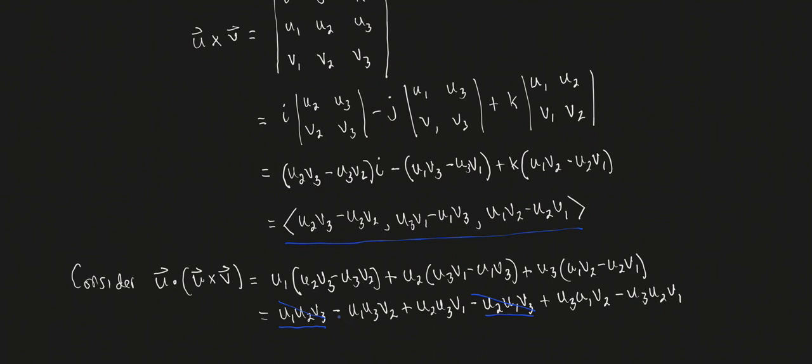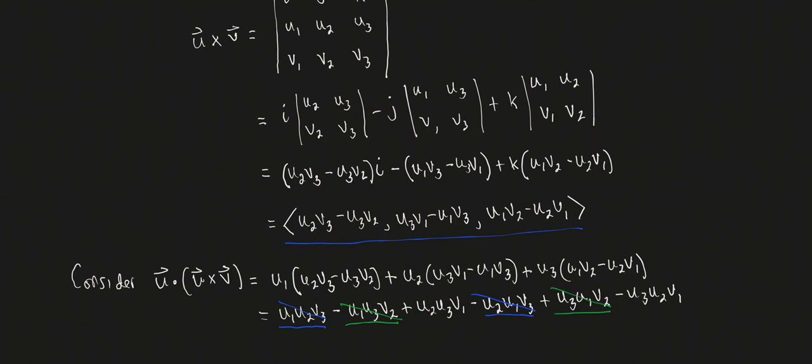So we have negative U1 U3 V2. That looks like the negative. So this term here is the negative of this term here. So they cancel out too.